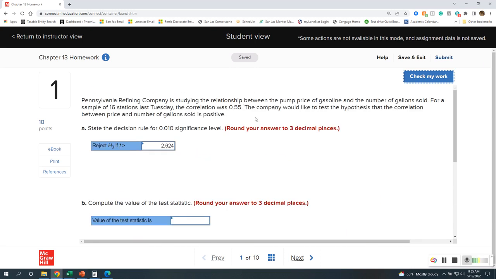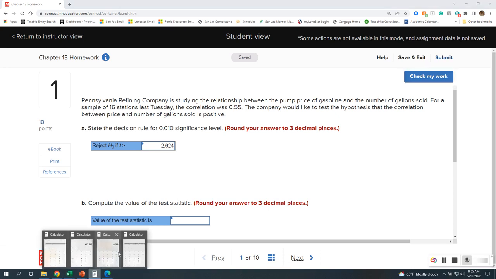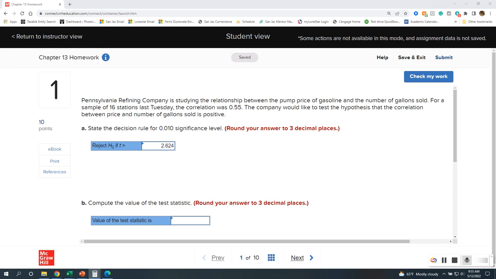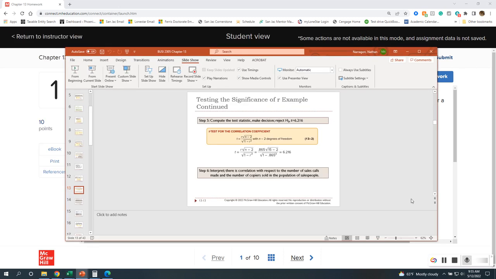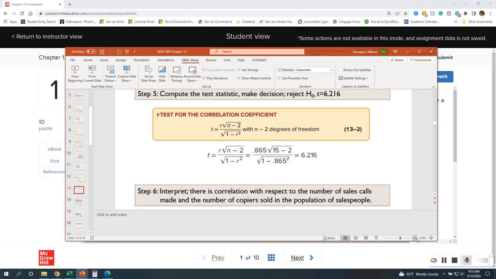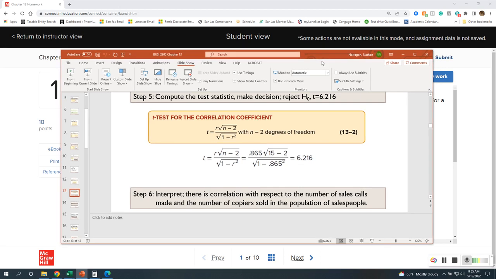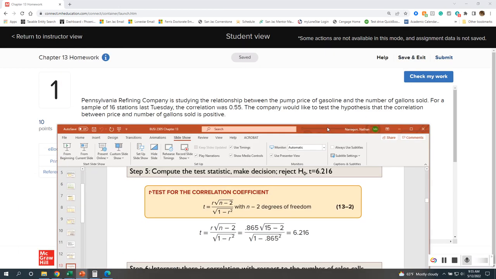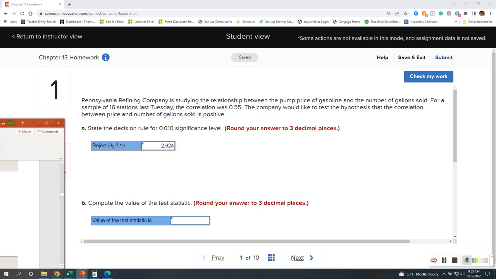What we're going to end up putting into our calculator is going to be the fun formula. This one. Zoom in. So it's this one right here. T-test for correlation coefficient, where R is actually our correlation. And we've already calculated or given that as 0.55.